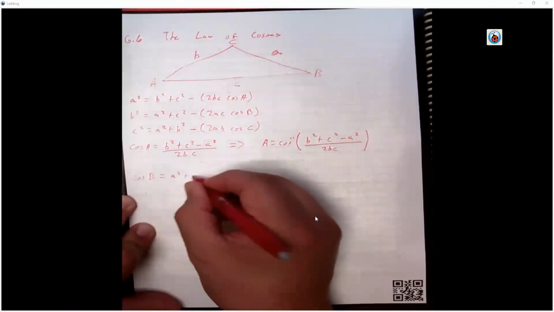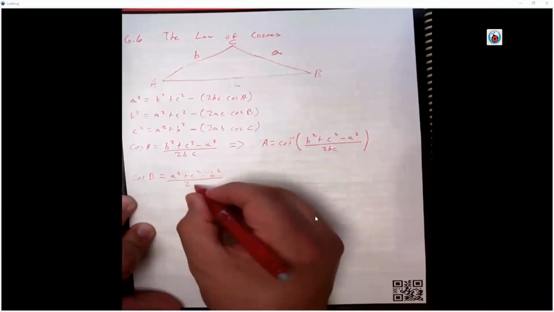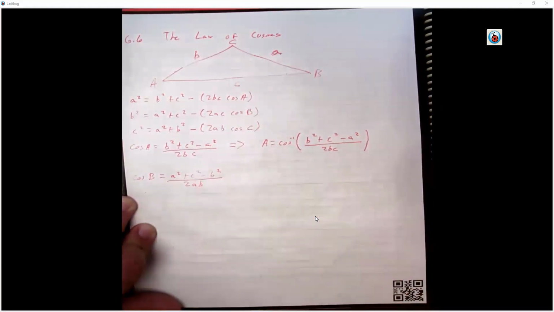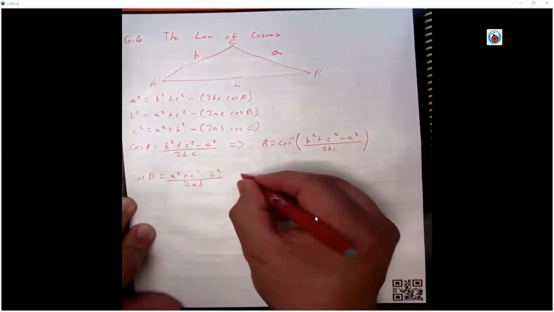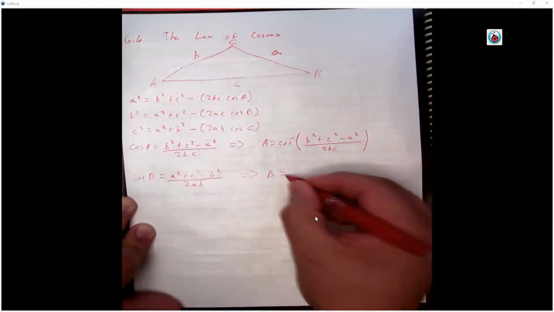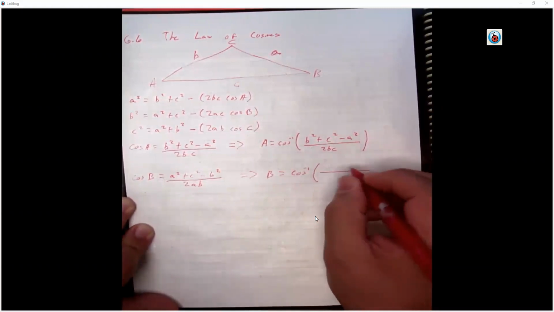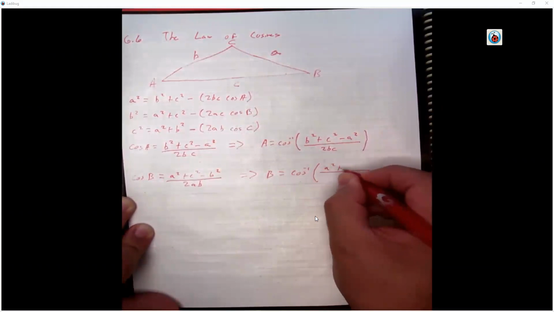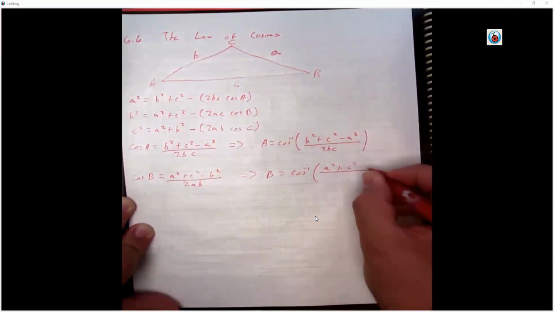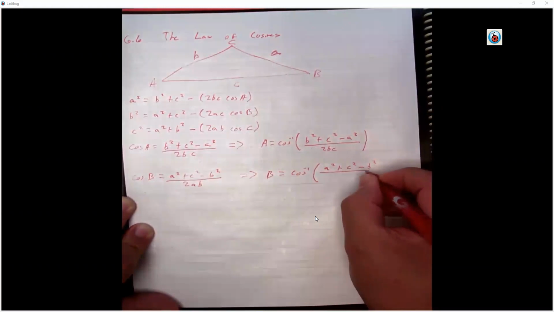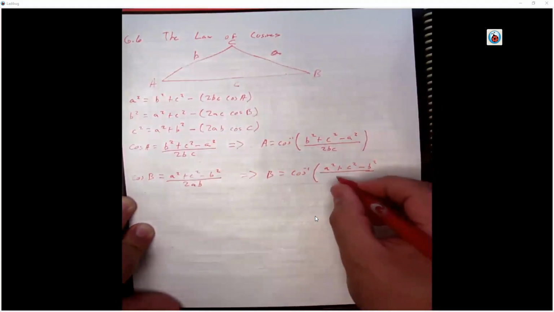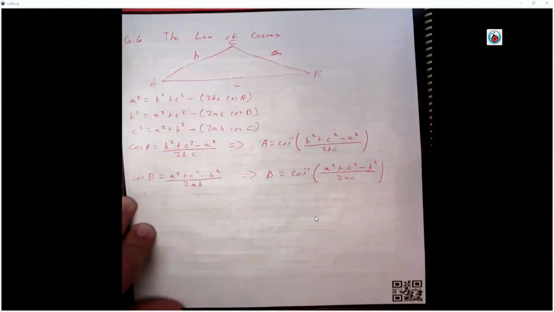Cosine B is equal to A squared plus C squared minus B squared over 2AC. Solving for capital B would give us this. B is equal to cosine inverse of A squared plus C squared minus B squared over 2AC, right?